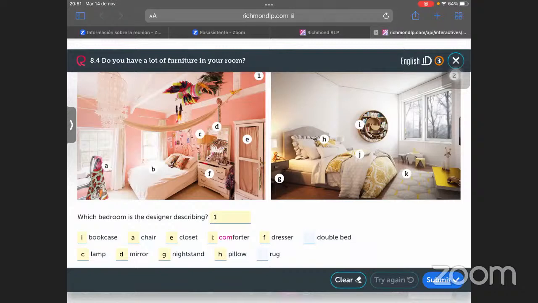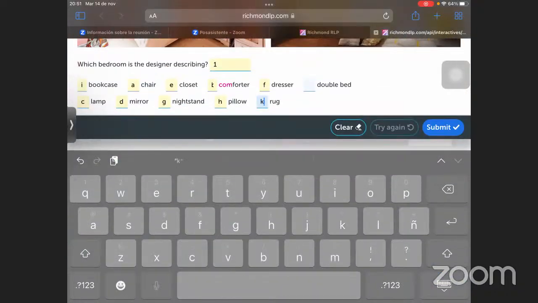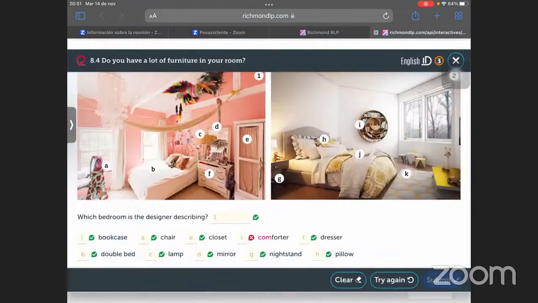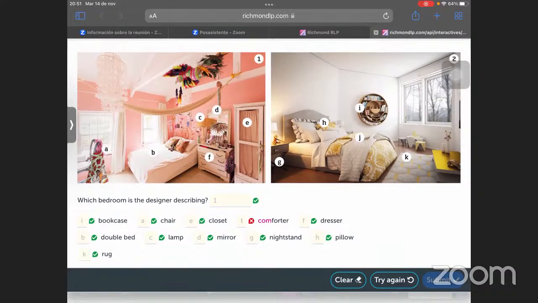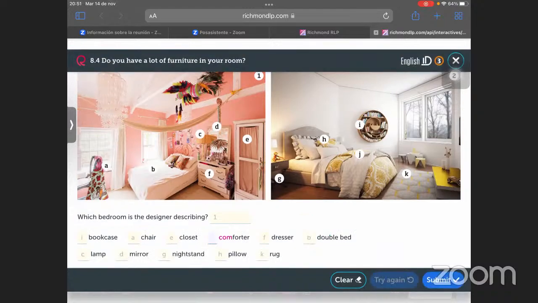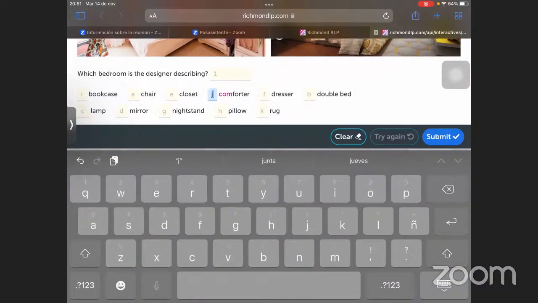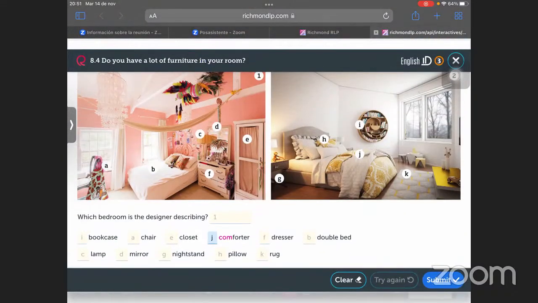K. What's a K? So the only one remaining is the letter B. Okay, let's try. Okay, I'm sorry, letter B, comforter. The H. Oh, okay, I repeat it. Okay, so what's the comforter then? It's not B, obviously. J. That's the one you didn't mention.